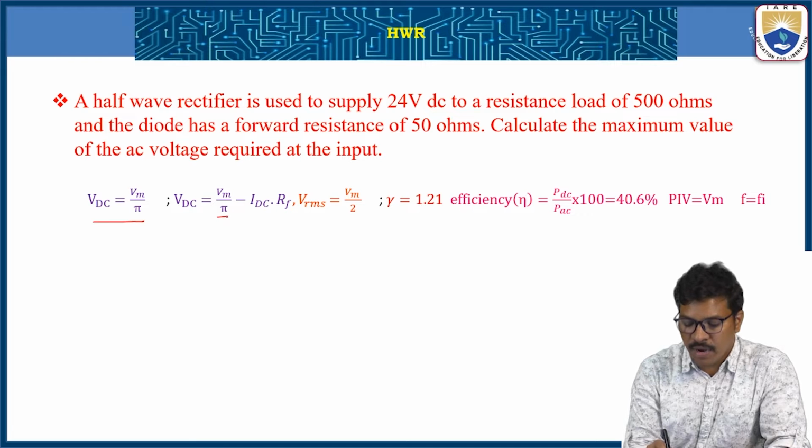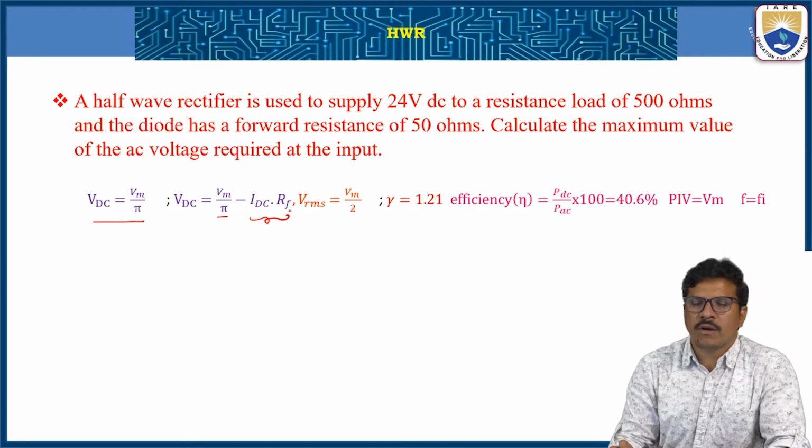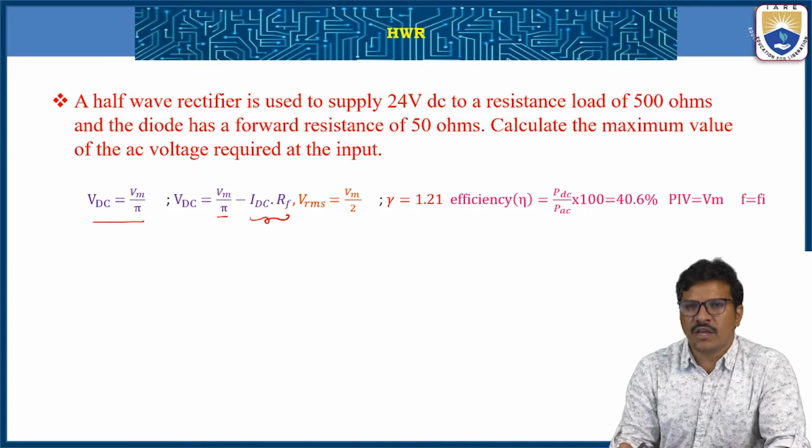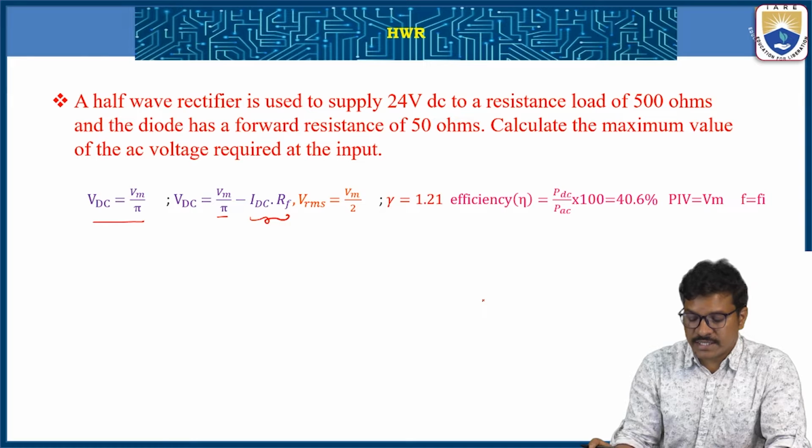It is Vm by pi subtracted by the drop across the forward resistance of the diode, because all are in series.